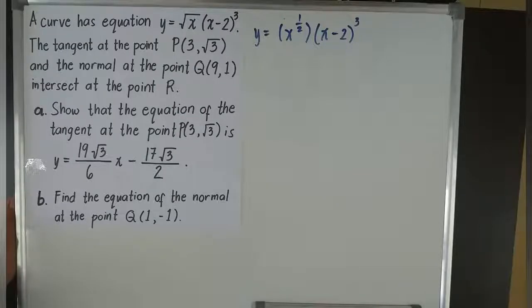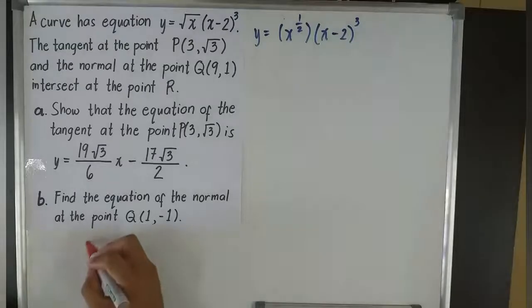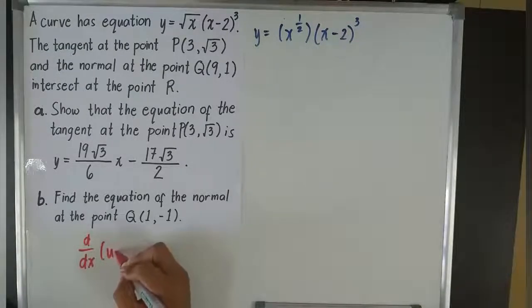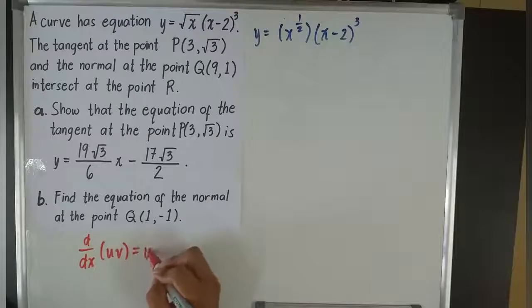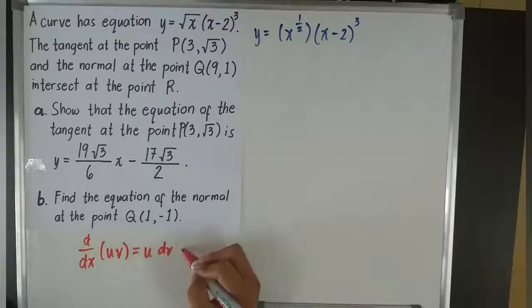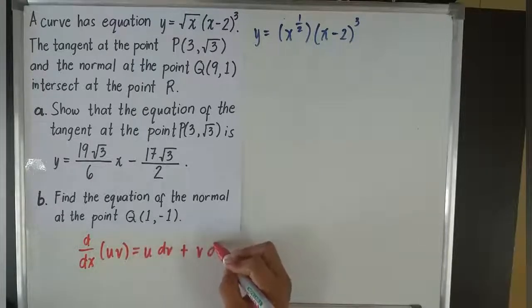Product rule says it's u derivative of v plus v derivative of u. Let's just recall that. d over dx of uv is equal to u dv plus v du.